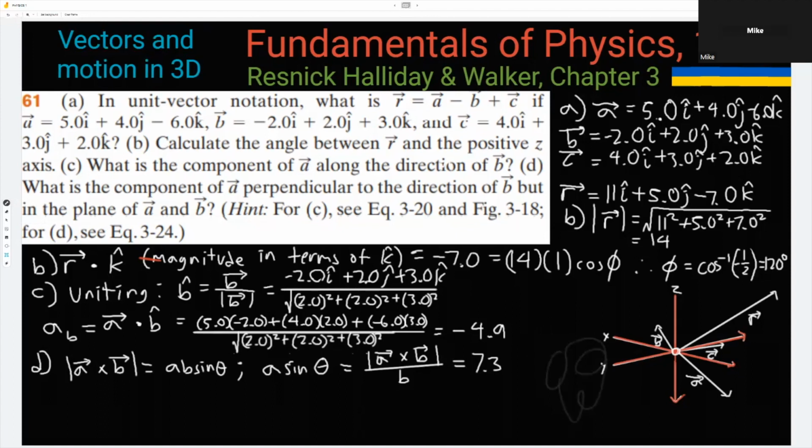Yung C, okay, negative 4.9. Tapos, along the direction of B. And then, perpendicular to the direction of B. But in the plane of A and B. Teka.